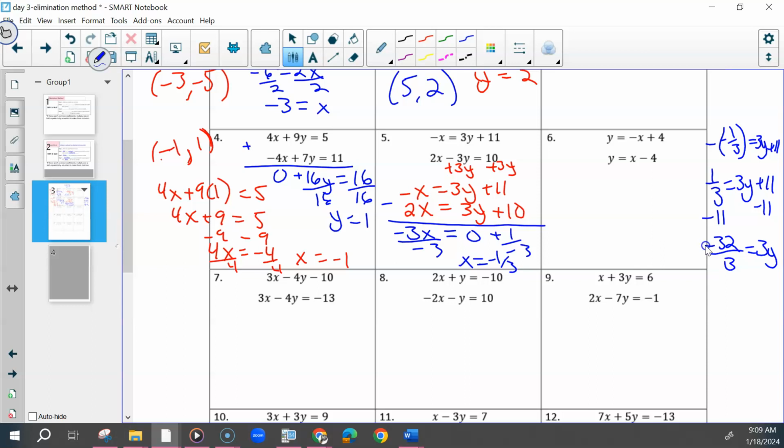But if you wanted to avoid that, instead of dividing, you could take the 3 and flip it and multiply by 1/3. So that you avoid that and are left with negative 32/9. So your ordered pair would be negative 1/3, negative 32/9.